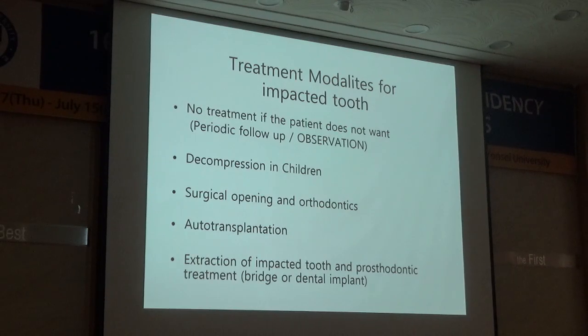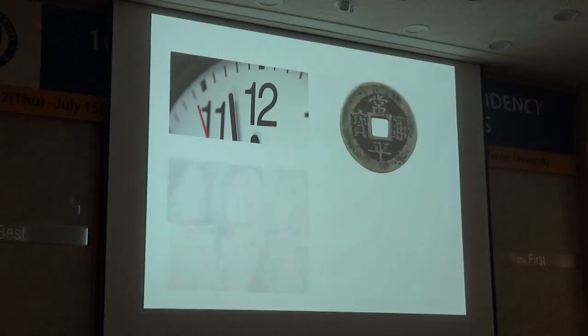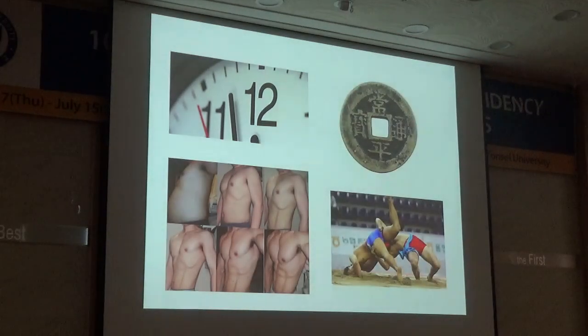I will show you some cases about that. And we have to think about some considerations for impacted tooth treatment planning. The first one is time, the second one is money, the third one is the patient's willingness to get the treatment, and the fourth one is the technique. Okay?